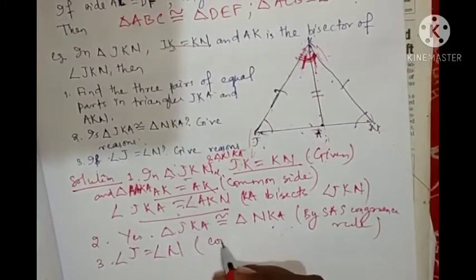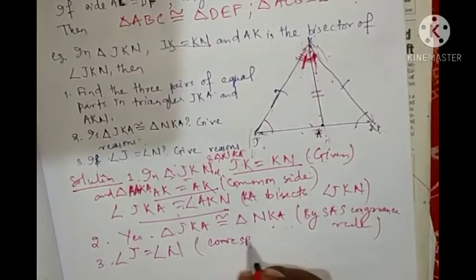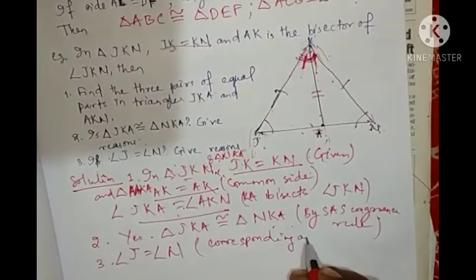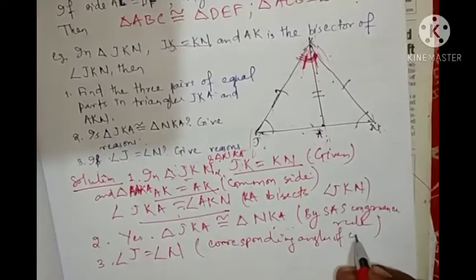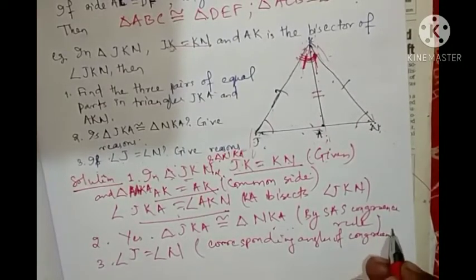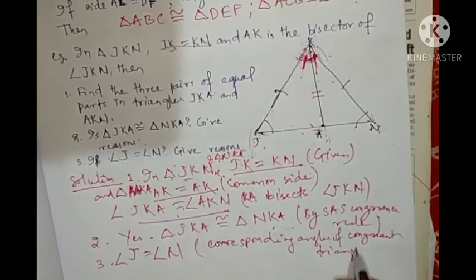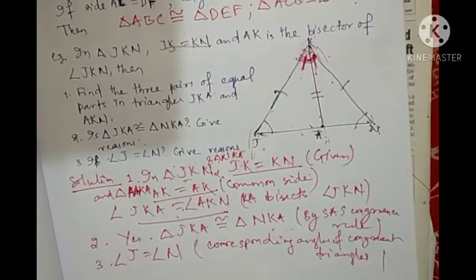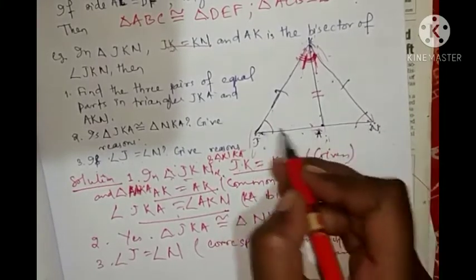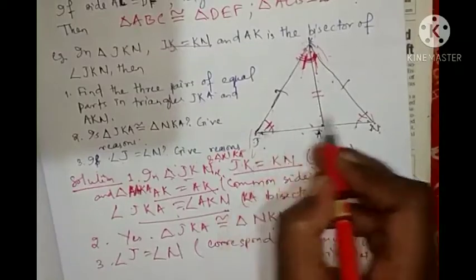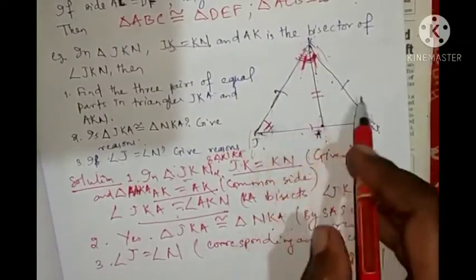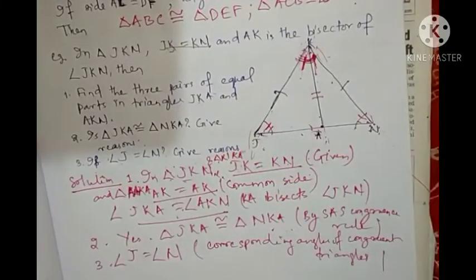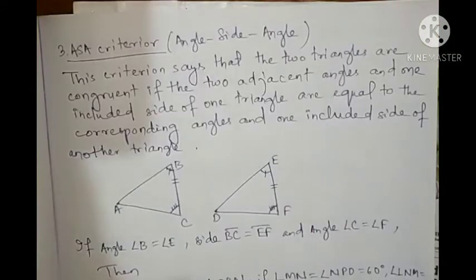You will write in bracket the corresponding angles of congruent triangles. Okay, so these two are corresponding angles of congruent triangles. That's why these two angles are equal.